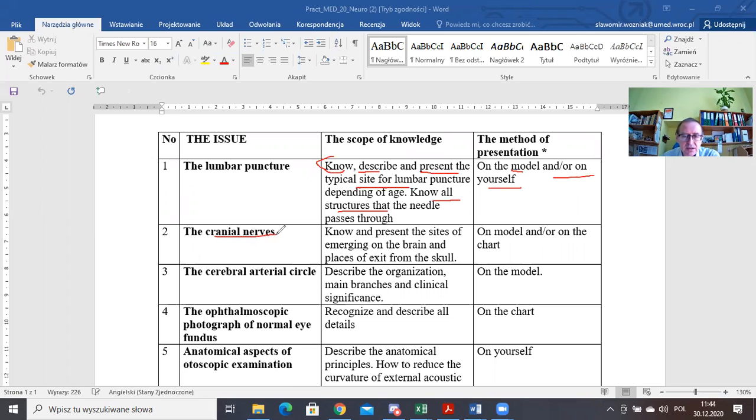The cranial nerves: know and present the sites on the brain and exit, so the foramens.